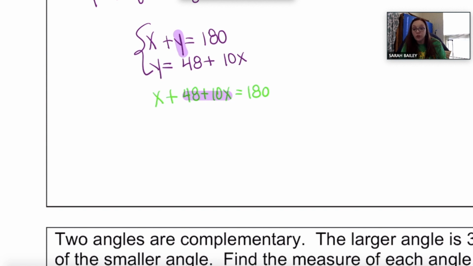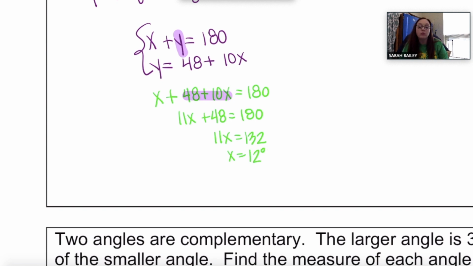All right, now we'll solve. So that would be 11x plus 48 equals 180. I'm going to subtract 48 on both sides. So I'm going to do 180 minus 48, and I get 132. And then 132 divided by 11 is, I threw my pen. 132 divided by 11 is 12.